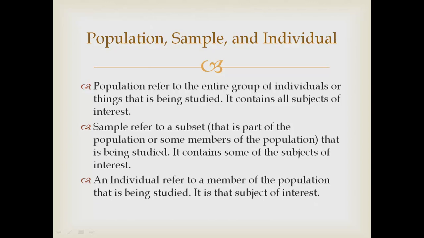So sample refers to some members of the population. Then an individual refers to a member of the population that is being studied. When you survey just one resident of Colorado, that resident is known as an individual. It is that subject of interest.